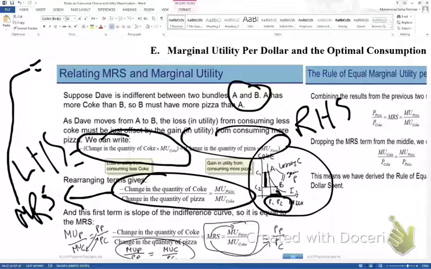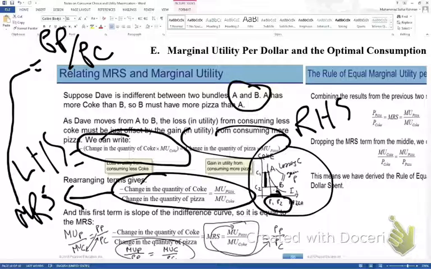Okay, so we are optimizing here, right? At an optimum level, we know that the indifference curve is tangent to the budget line. So the slope of the budget line is basically the price of pizza divided by the price of Coke, right? That's the slope of the budget constraint. And at the optimum, the marginal rate of substitution is equal to this price ratio.